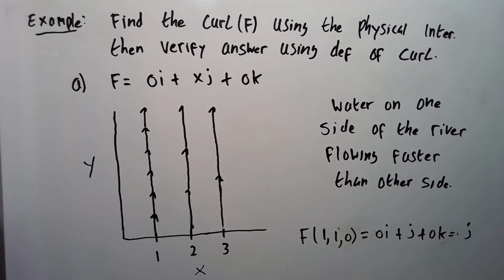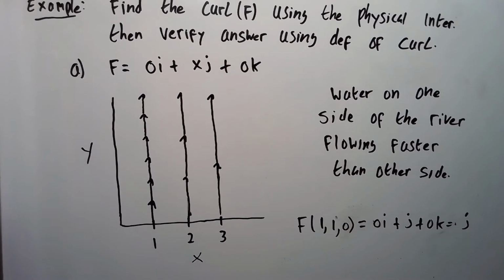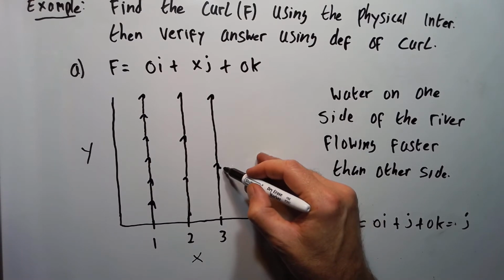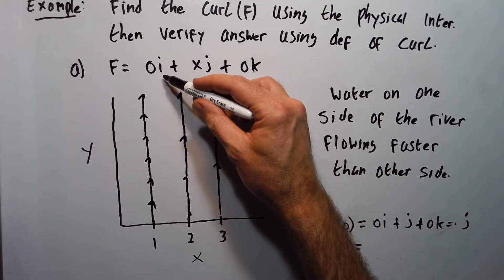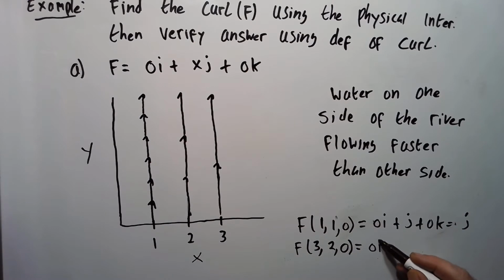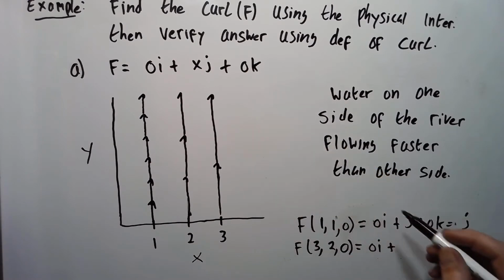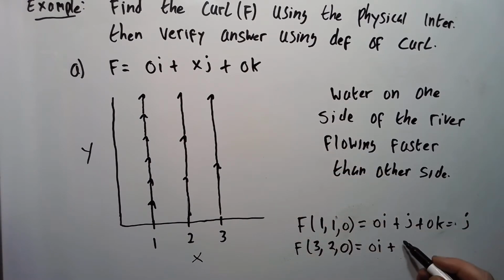And for example, say this one here, that would be f of 3 in the x, then up here this is 2, and say 0. So plugging into this, it'd be 0i plus x times j, x here is 3, and 0k.